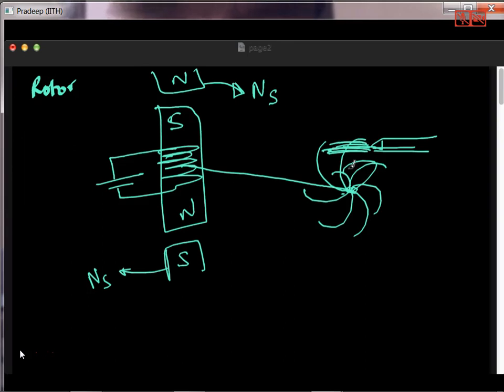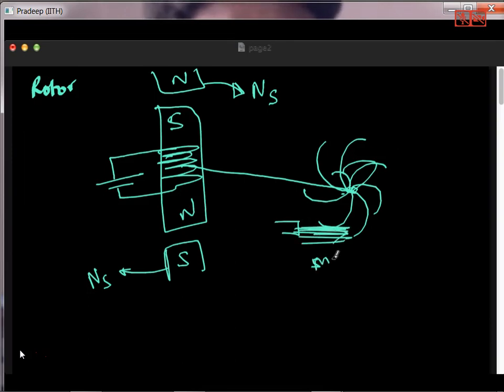This steam is trying to rotate this machine like this. In fact, I think I have shown the direction wrong. Let's say the steam is like this, and this is mechanical power. This is trying to rotate the machine. In fact, let's say it is arranged that the rotation is like this.